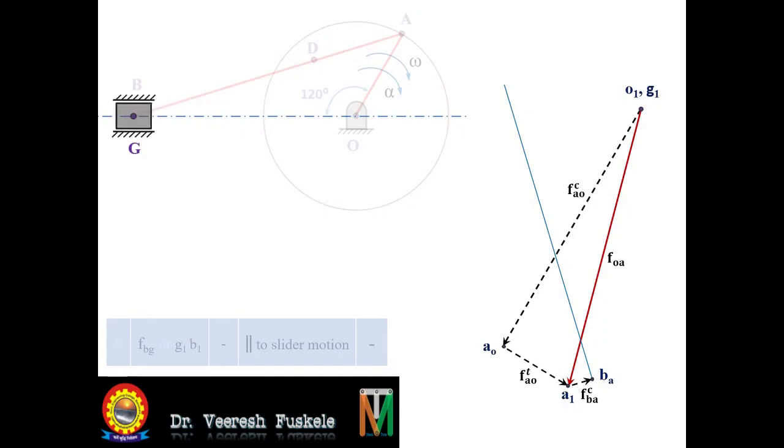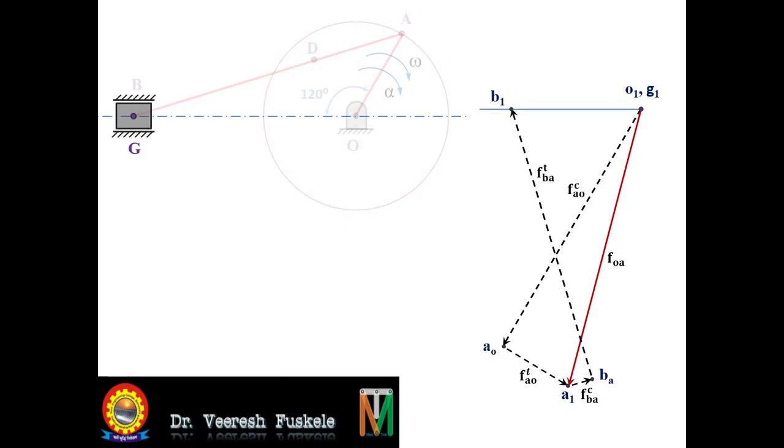That is to be drawn from G1, sorry. So we'll draw a horizontal line from G1 to intersect the previously drawn line as shown here. The intersection of both the lines will give you the point B1. So we'll get BA B1 as the tangential component of B relative to A.